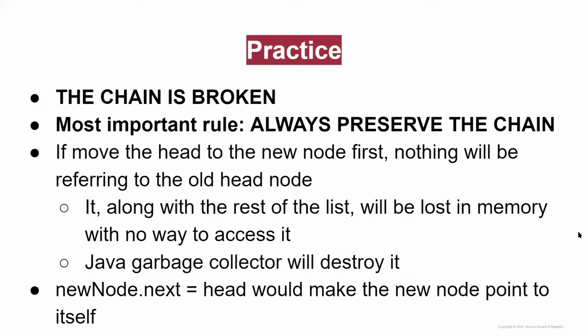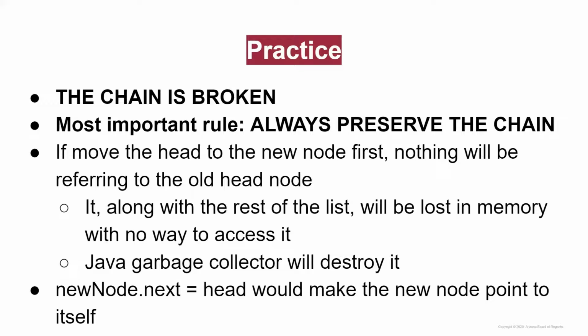All right, so you've probably noticed that I've put some things in capital letters, bolded. This is because this is really important. In the example on the right, the chain is broken. The most important rule in any linked list is to always preserve the integrity of the chain of nodes that make up the linked list.